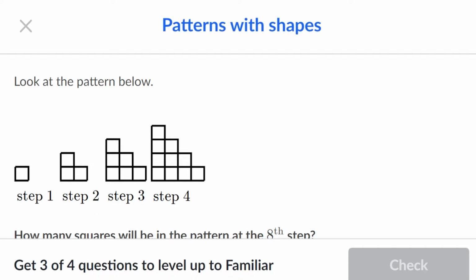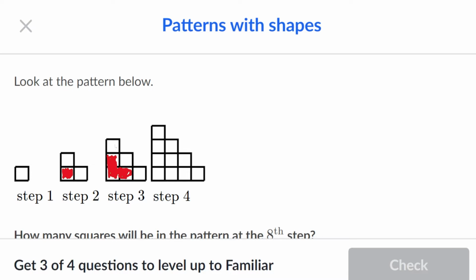Some students will be like, oh, well, let's see. It looks like in step 2 here, this is the original square, right? That's the original one from step 1, and it added 2 in a diagonal. Okay. And then step 3, well, here's the shape from step 2, right in there.